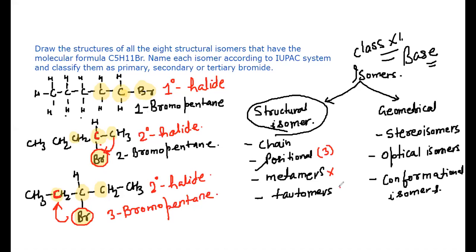Metamers we can't have, tautomers we can't have. Yes, chain isomers we can have. Let us see how.